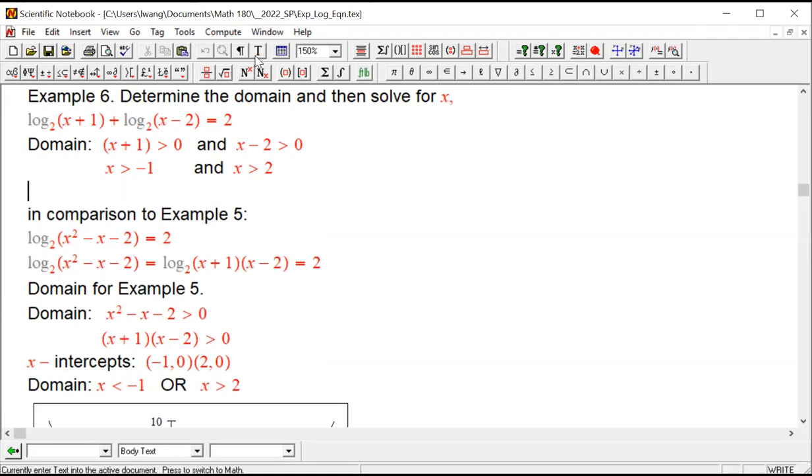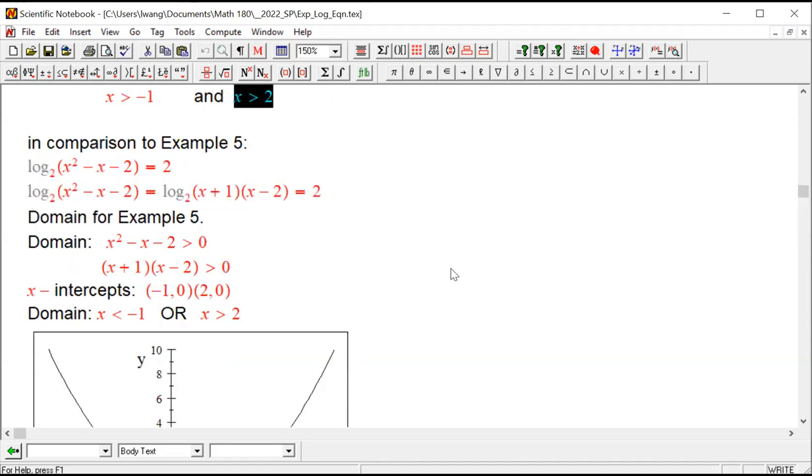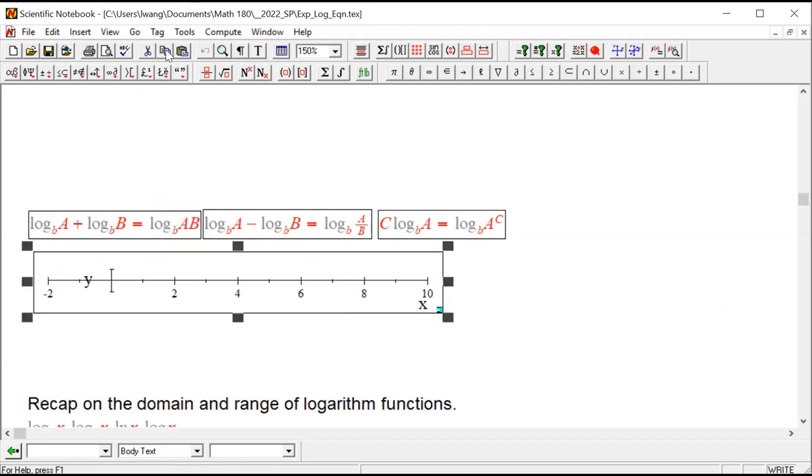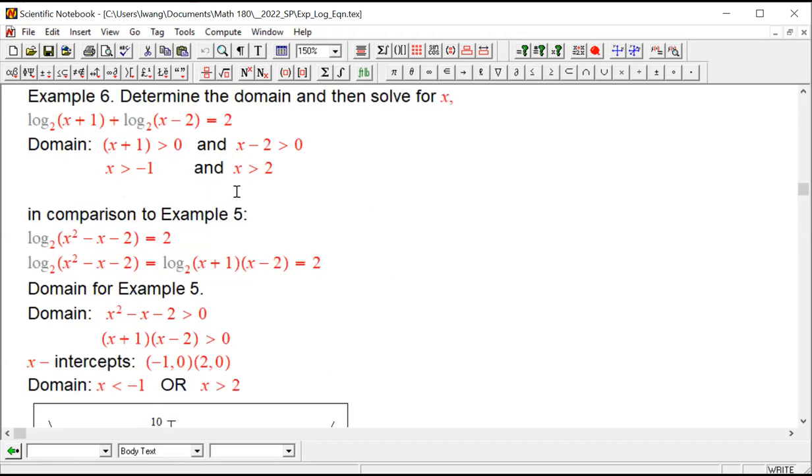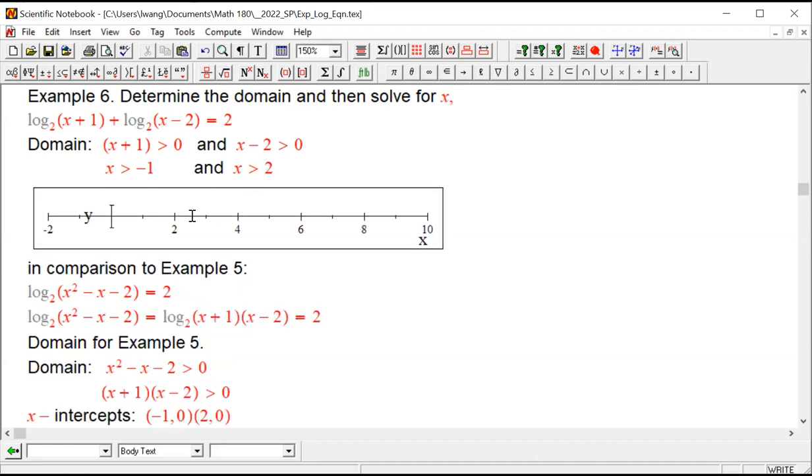And combining these two conditions, what will happen? Larger than -1, larger than 2. If we combine these two, we only have larger than 2.